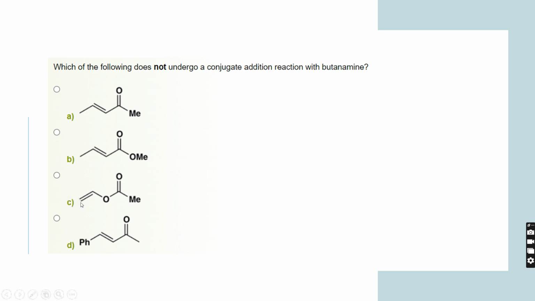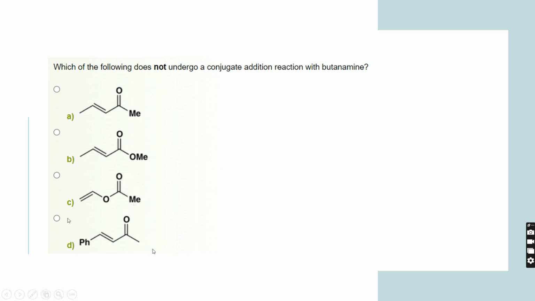So if the nucleophile approaches it to give conjugate addition, it will hamper the reaction and it will repel the incoming nucleophile. So option C you can choose as the correct option, which is not going to give you conjugate addition. If it has to react with this carbonyl carbon, it has to undergo reaction in 1,2 fashion.